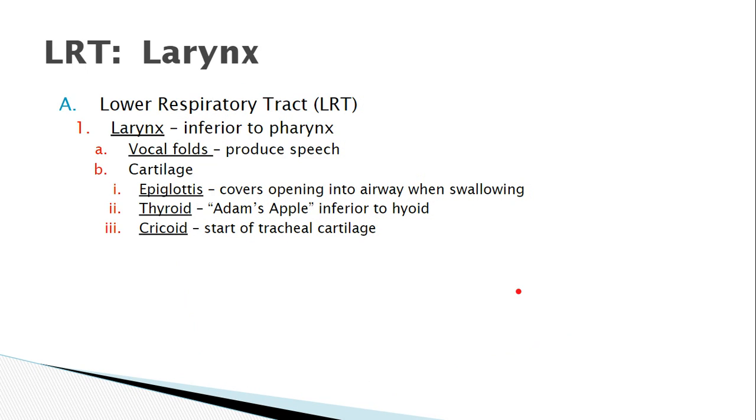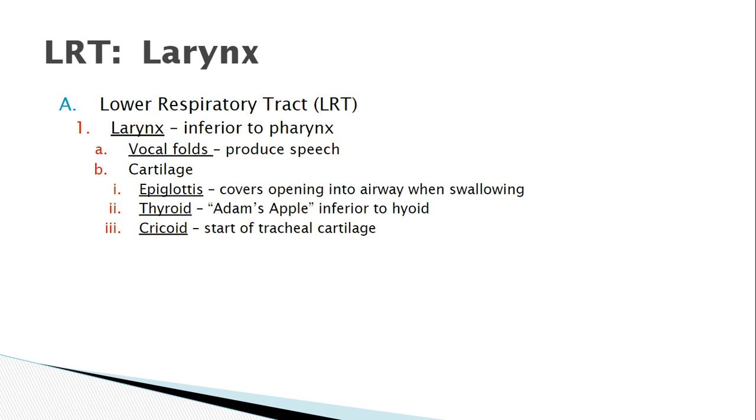So that's the upper respiratory tract. The lower respiratory tract begins with your larynx. So it's pretty easy to remember, lower larynx. The larynx is also known as your voice box. This is the beginning of your air tube below the pharynx. When we get down here to the larynx, we find our vocal folds, which are the little flaps of membrane that allow us to produce speech.